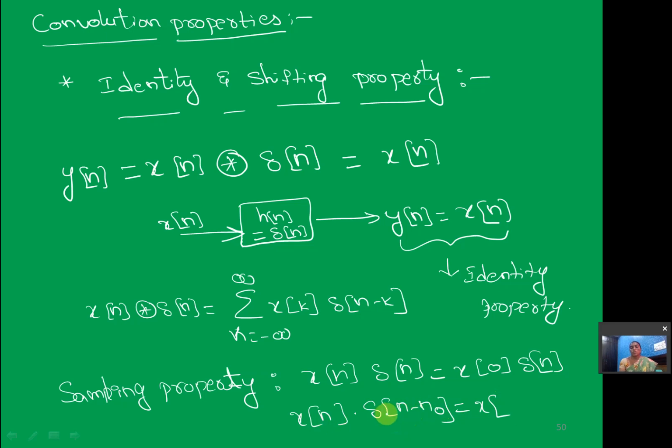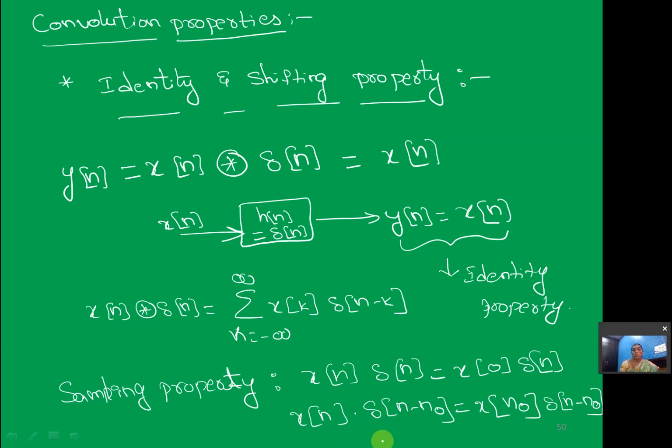If you multiply this with x of n, at n is equal to n naught, whatever value is there in x of n will be the output. That means x of n naught amplitude value. To represent that signal, we place x of n naught into del of n minus n naught.